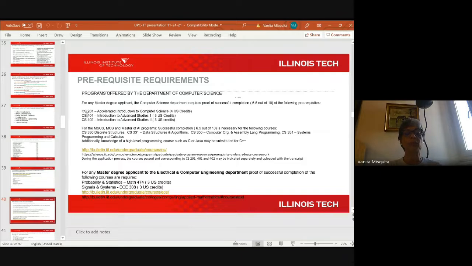I've mentioned the prerequisites, and I've provided the link so that you can find the course description of those prerequisites. If you're interested in the Master of Artificial Intelligence program offered by the Department of Computer Science, or MSCS, MCS, it's important to also have completed discrete structures, data structures and algorithms, computer organization, assembly language programming, systems programming and calculus, and additional knowledge of C or Java may be substituted for C++.